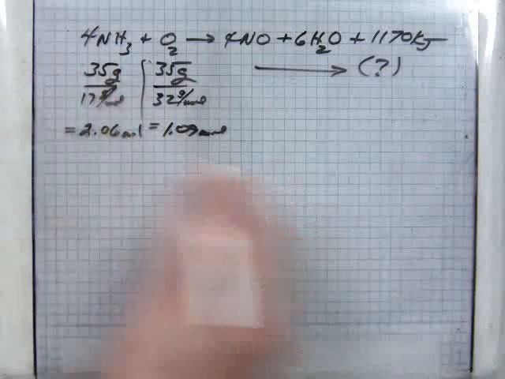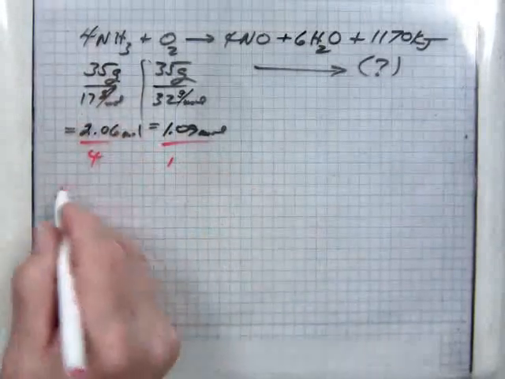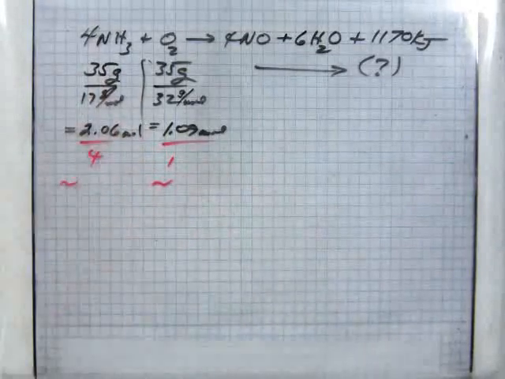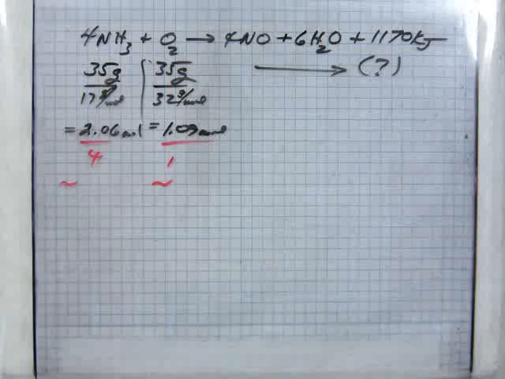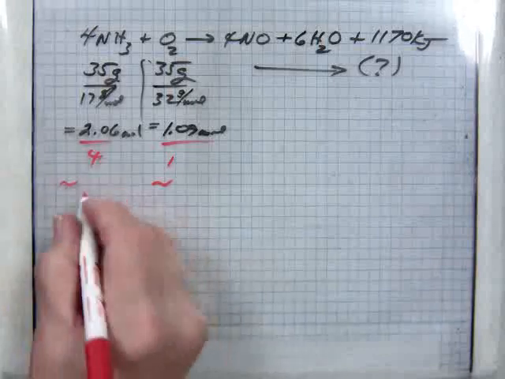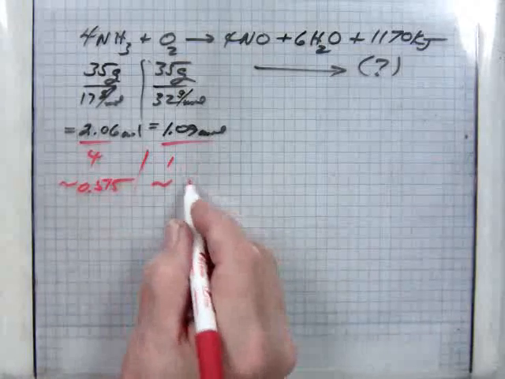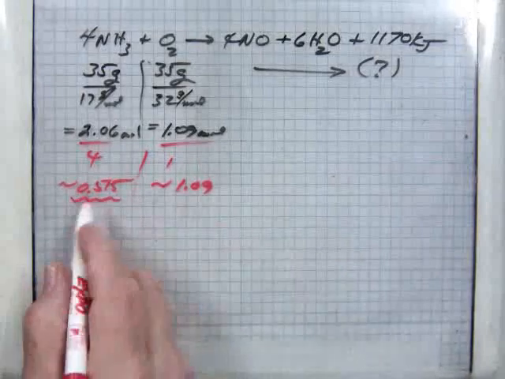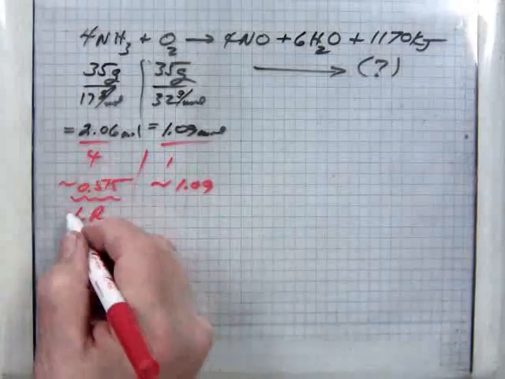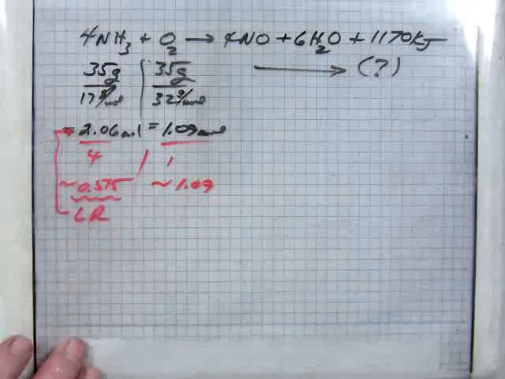But anyway, you divide by the respective coefficients, so 4 into that, we get 0.515 versus 1.09. So the smaller number is your limiting reagent, but we need to work from the 2.06 mole of ammonia.